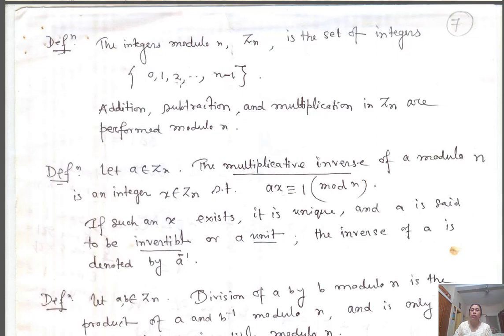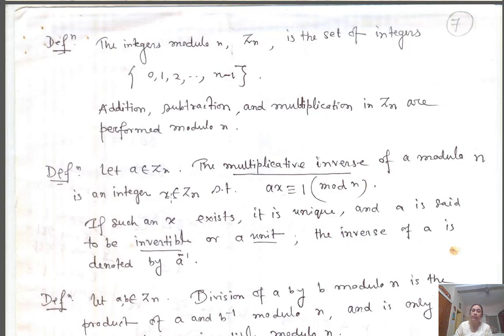The multiplicative inverse of a modulo n is an integer x in Zn such that ax ≡ 1 (mod n). So the multiplicative inverse of a modulo n will also be an element of Zn.